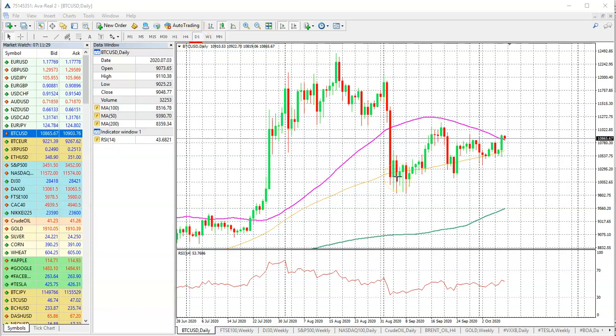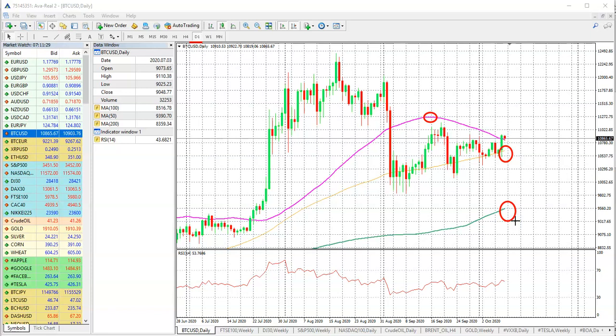We have three different important moving averages. Firstly, in pink right over here, this is your 50-day simple moving average, followed by the 100-day moving average in orange, and finally your 200-day moving average.